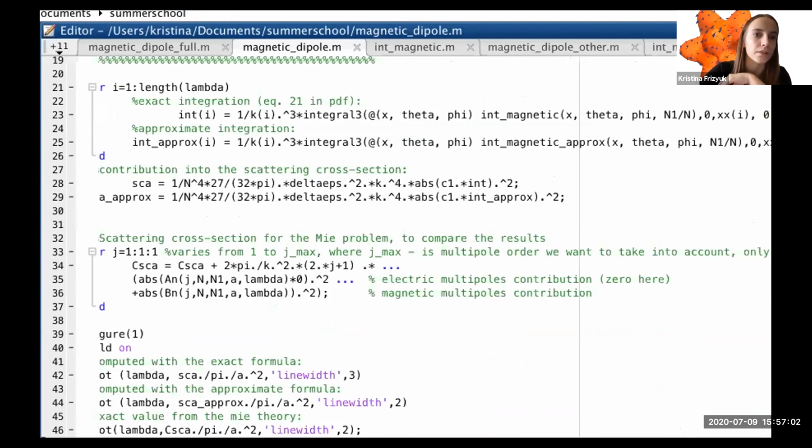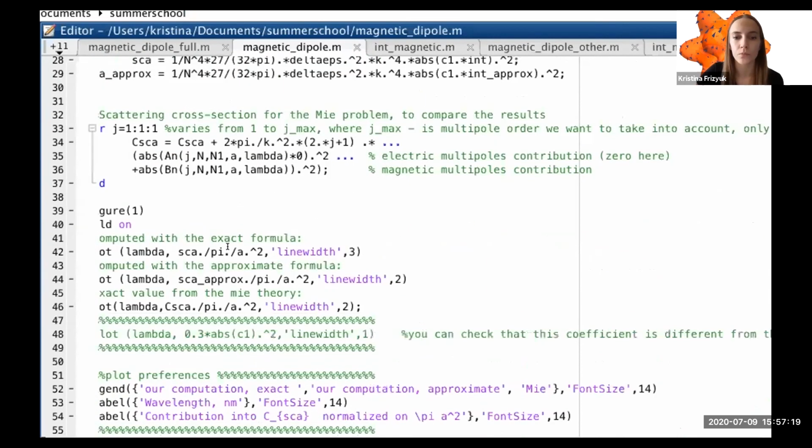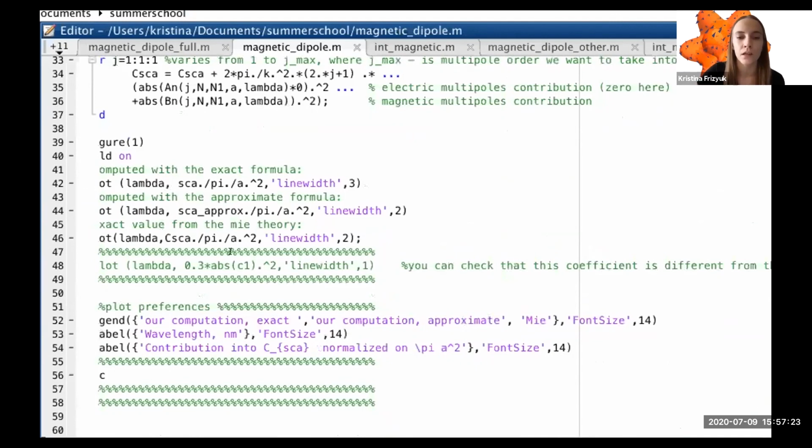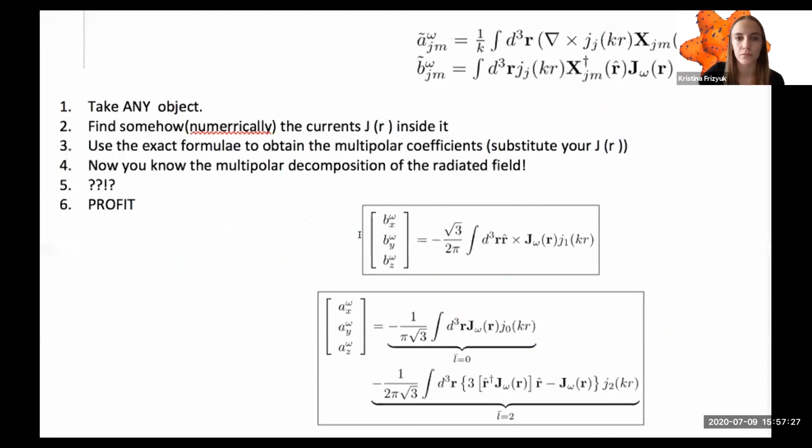Okay, yes, exactly. This was about magnetic anapole, but okay, if you got 270 for electric, you're also right. And now we move to some different effect, which is called the Kerker effect.